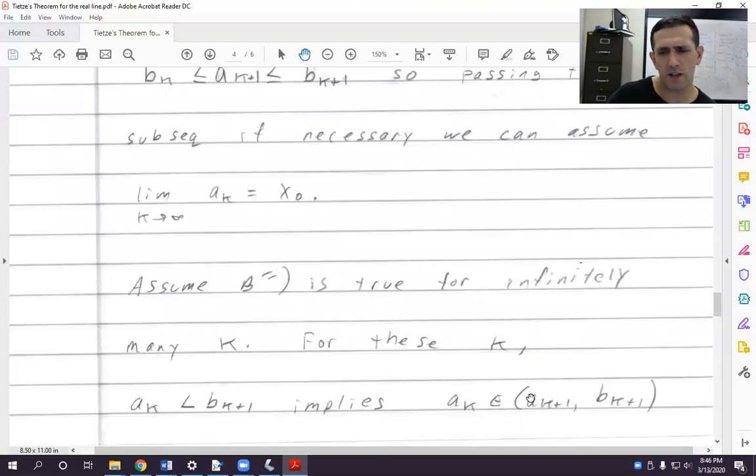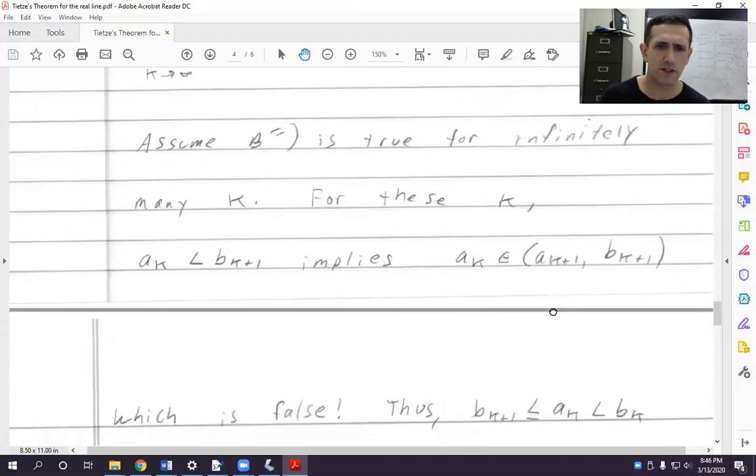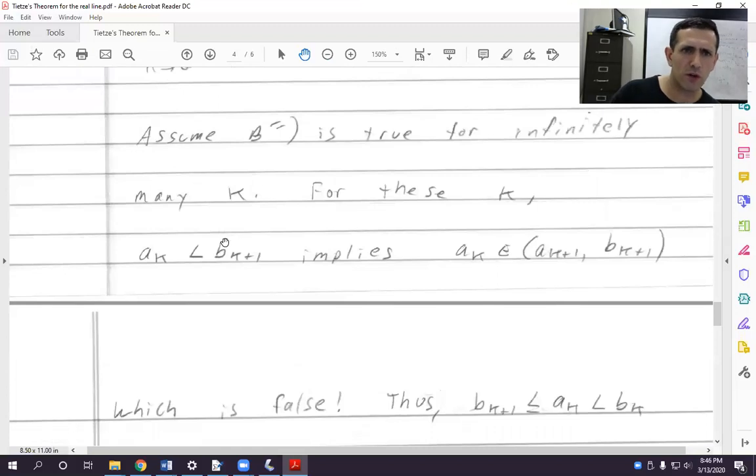So ak is in the open interval ak plus 1, bk plus 1. Okay. Again, that's impossible by homework 1. Okay, so this is false, so bk plus 1 is less than or equal to ak. And ak is less than bk. It's obvious because it's an open interval.